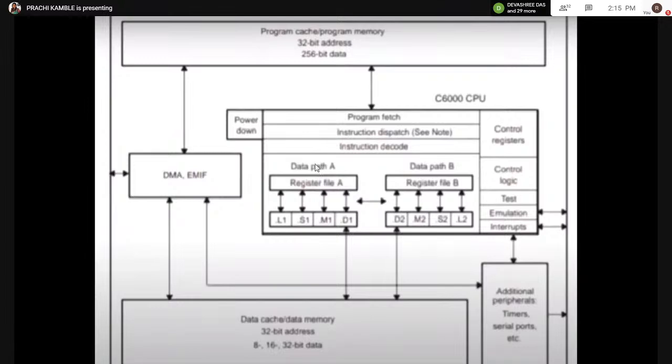Now, what is the function of these register files? These register files or units perform the operations. What kind of operations? Such as addition, subtraction, which I have mentioned.